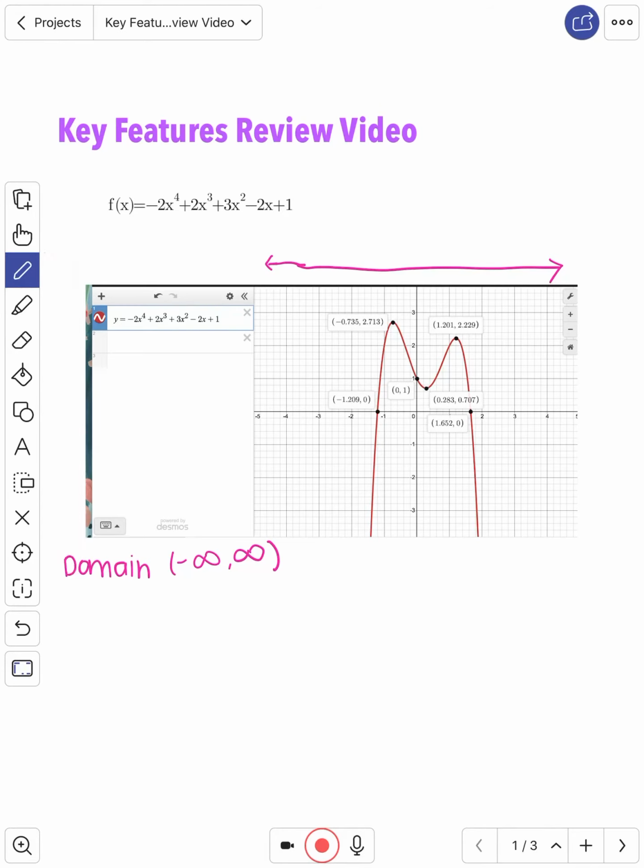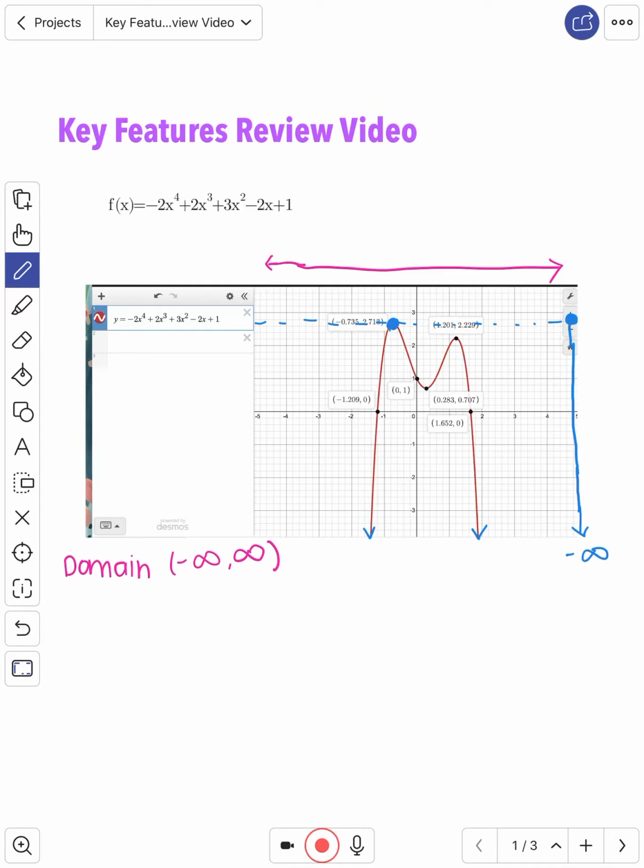All right, so then for the next one, we're going to talk about the range. Now the range is from the bottom, so remember we still have arrows here, from the bottom to the top. I have arrows coming from the bottom, so I know that it is coming from negative infinity. It's going to keep going up, and there are no y's that are not included until we reach this point right here. This point is where this graph stops, this one right here.